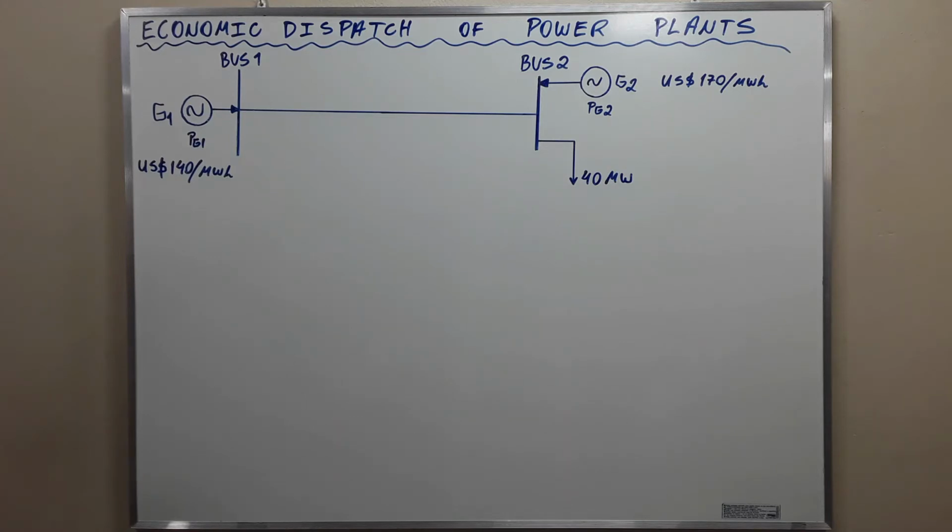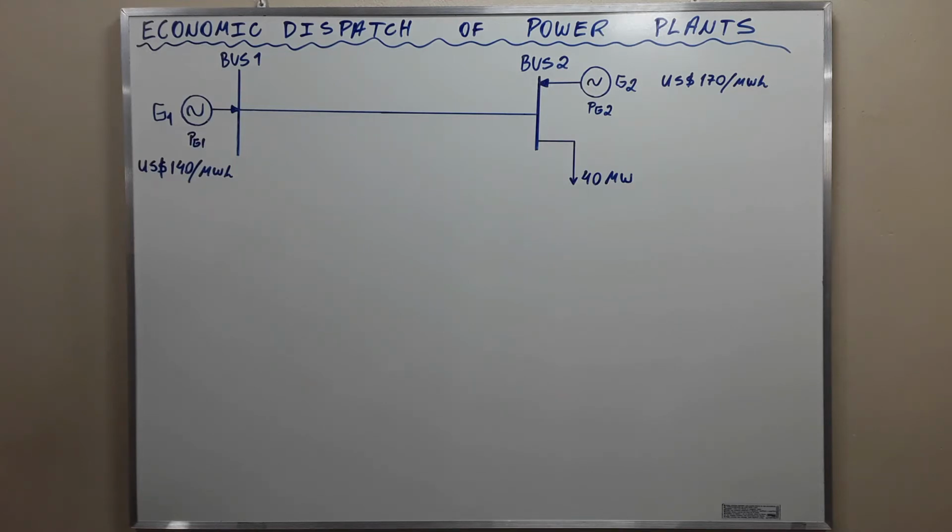The figure shows an electric power system composed of two generators and one load. The fuel costs of generator 1 is $140 per megawatt hour, and the fuel costs of generator 2 is $170 per megawatt hour.